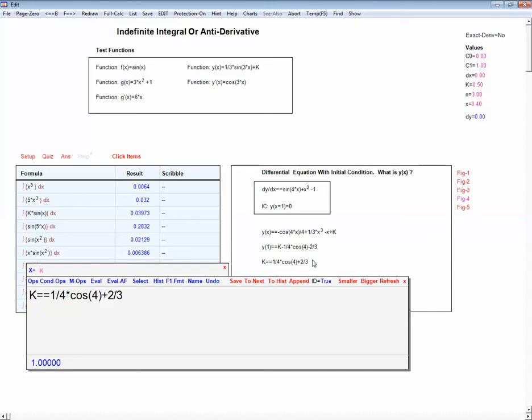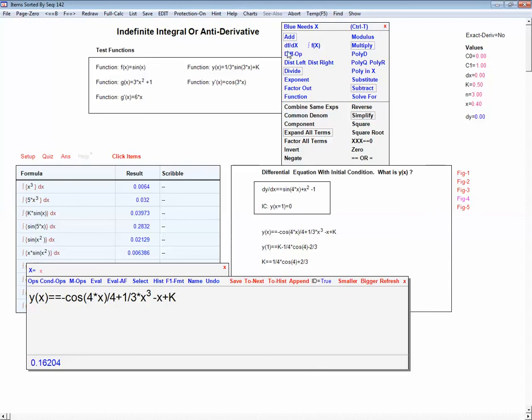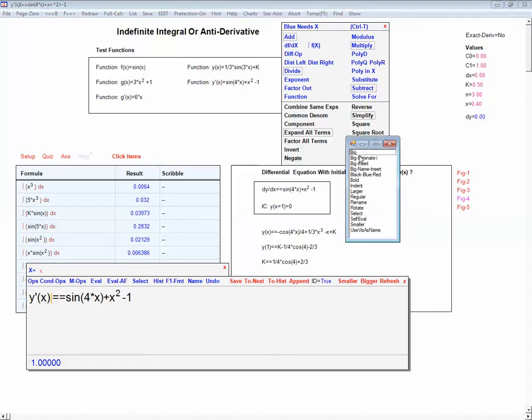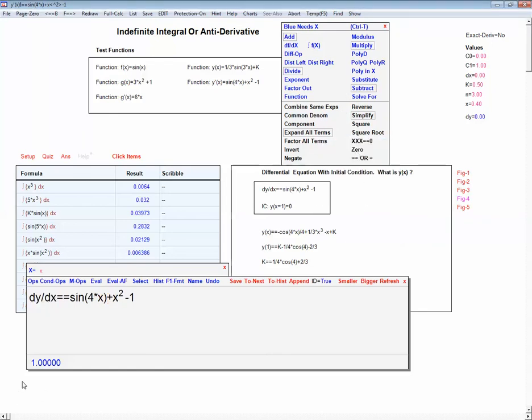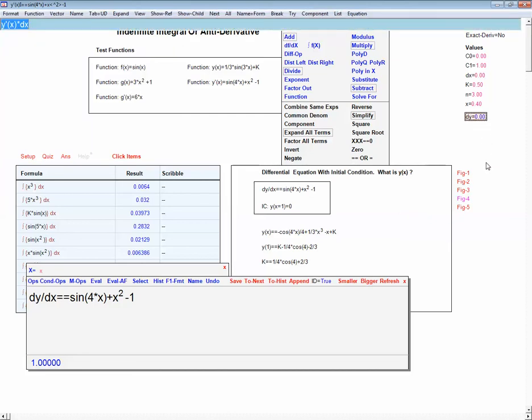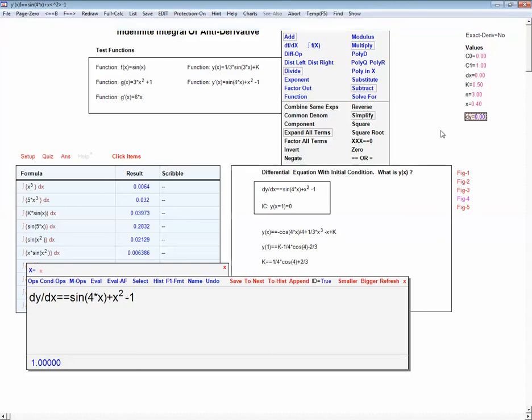All right, now how do we test that again? Well, let me go up and bring my function up again, because I want to differentiate it. I'm just doing a test now, and I'm going to put that in my test function. Then I go back to this thing here and see if that's true. And it is, and I've defined, if you look over here at dy, I've actually defined it to be y prime of x times dx.